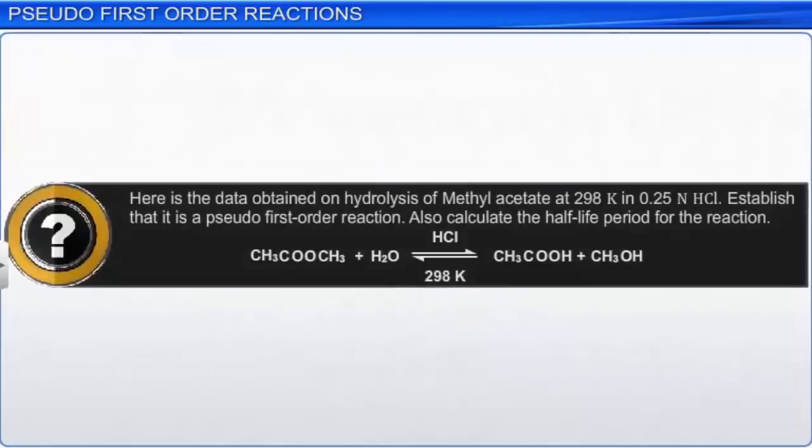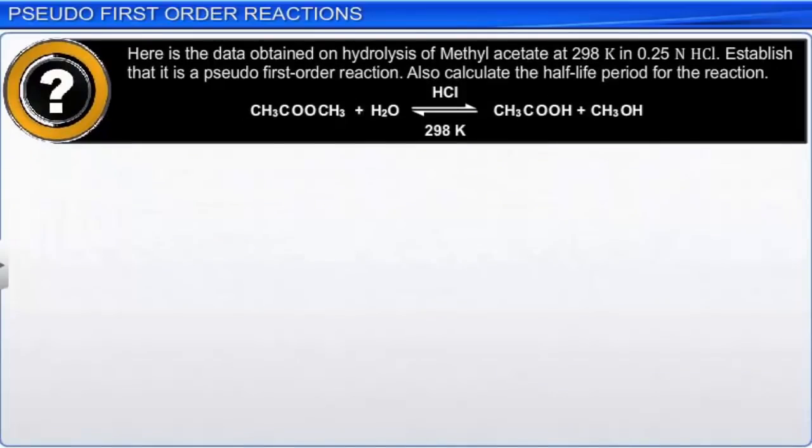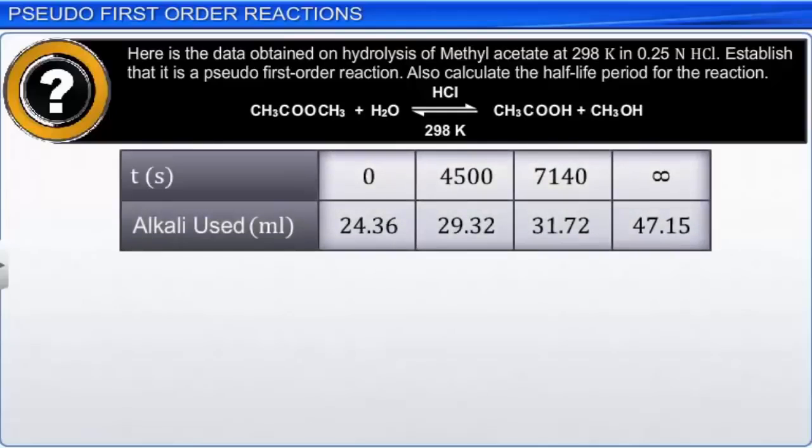Let us now solve a numerical problem. Here is the data obtained on hydrolysis of methyl acetate at 298 Kelvin in 0.25 normal hydrochloric acid. Establish that it is a pseudo-first order reaction. Also calculate the half-life period for the reaction.